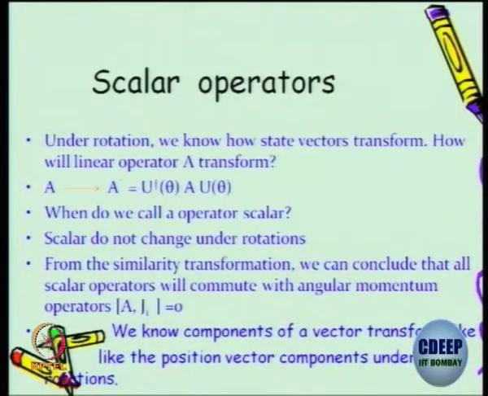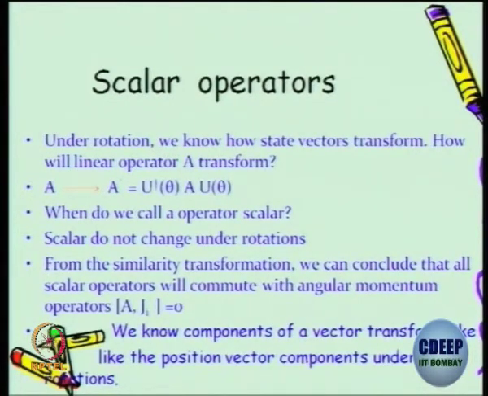Classical mechanics tells us that if you have a vector operator or a position vector, you know how the position components of that vector transform under rotations. All of you know. And any vector operator, like vector potential or electric field, momentum, they have to transform. Their transformation properties are not different from the components of your position vector, right? That is why you call them vectors.